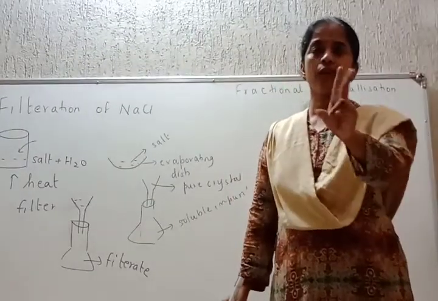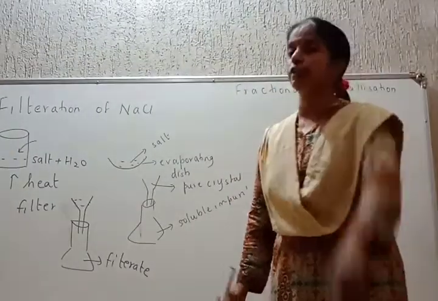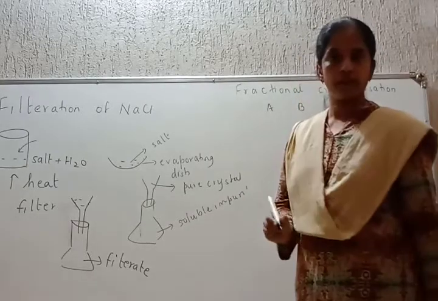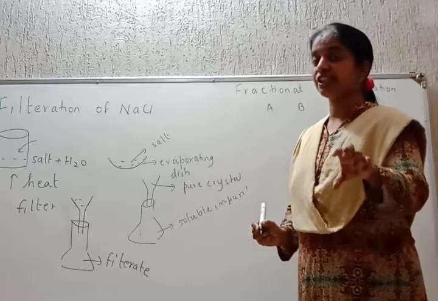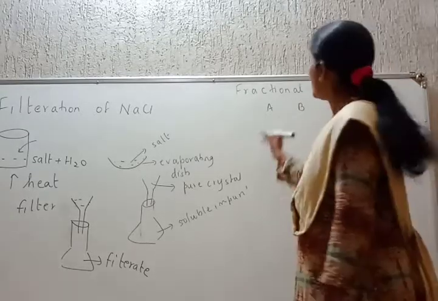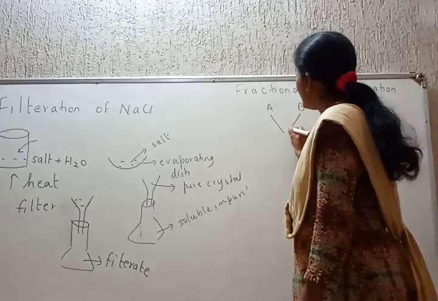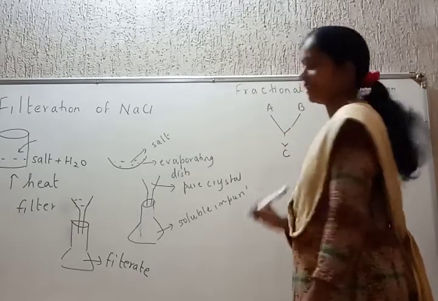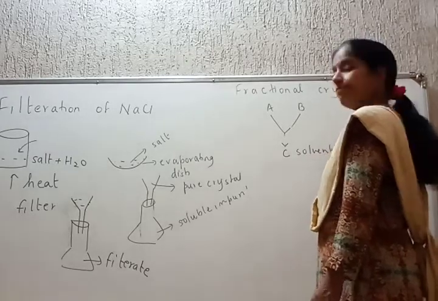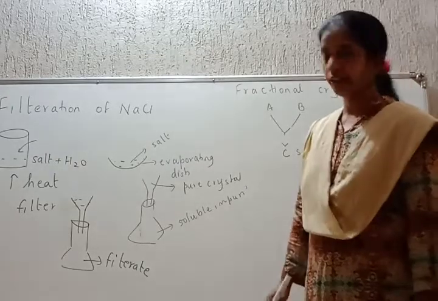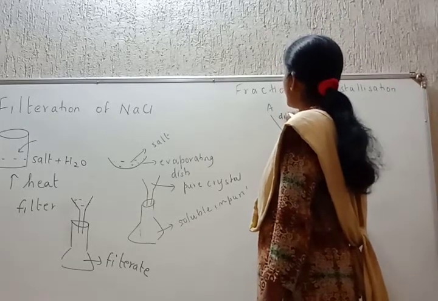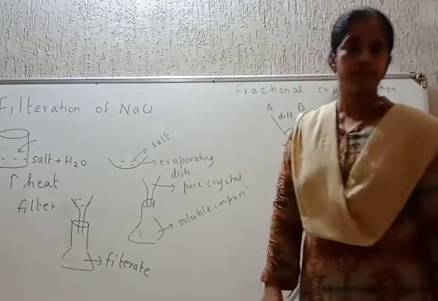Here we are taking two solutes, A and B. Fractional crystallization involves two solutes, A and B, which are soluble in the same solvent C at the same temperature, but the solubility of A is different from the solubility of B.